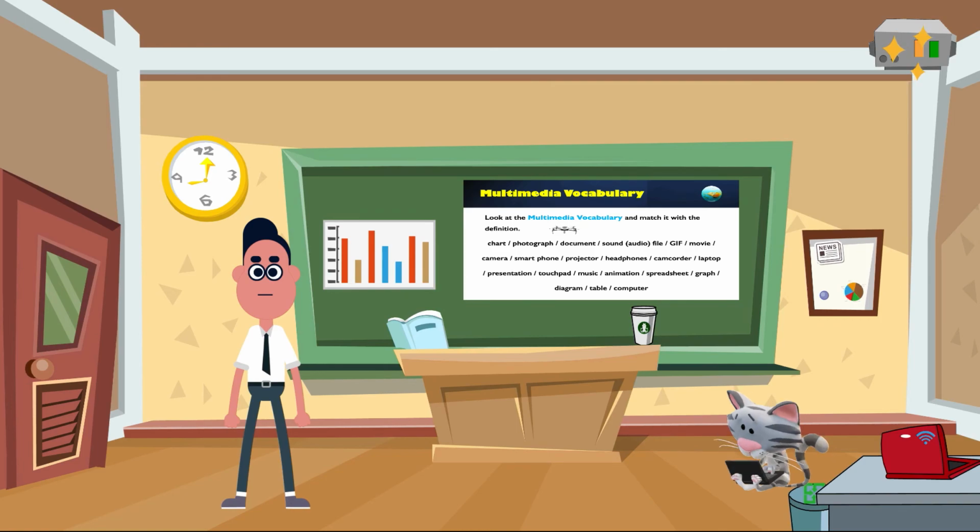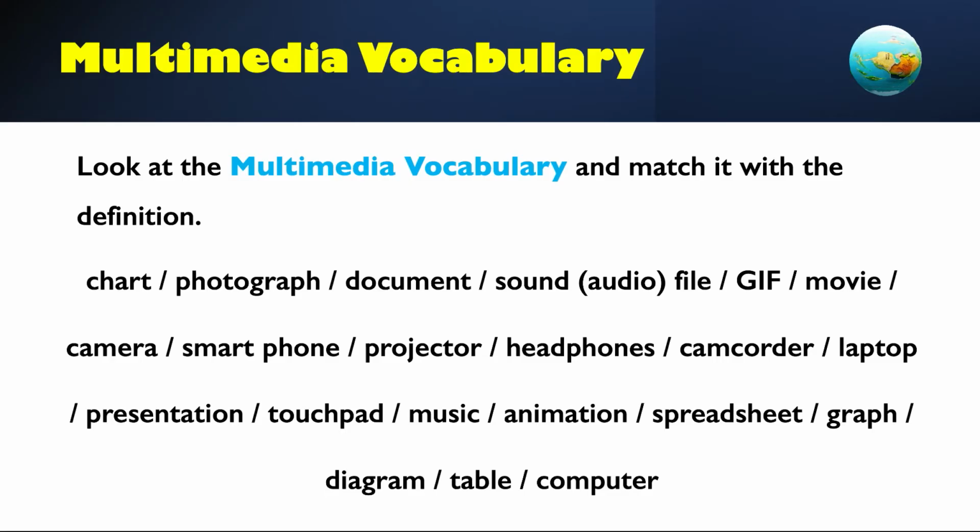So do we have this on large screen? Yes, we have it on large screen. So here's our multimedia. We have chart, photograph, document, sound or audio file, GIF, movie, camera, smartphone, projector, headphones, camcorder, laptop, presentation, touchpad, music, animation, spreadsheet, graph, diagram, table, and computer.